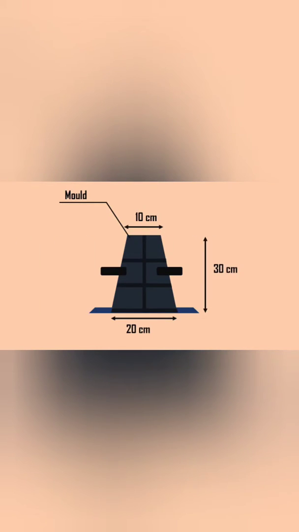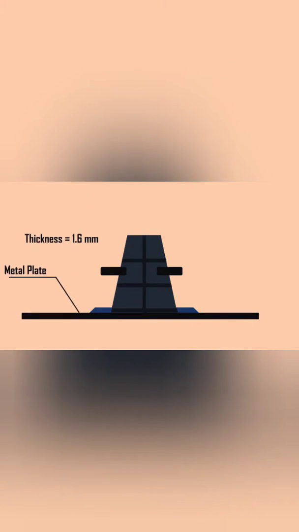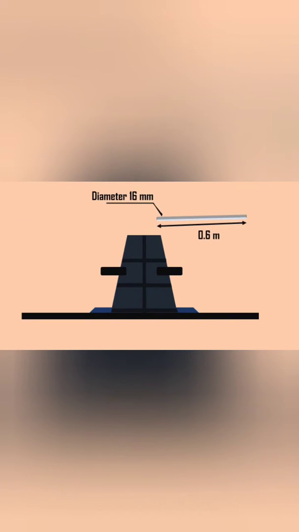Apparatus required for the slump test: the mold for the test specimen is in the form of a frustum of a cone with a bottom diameter of 20 cm, top diameter of 10 cm, and height of 30 cm. A metal plate of thickness 1.6 mm is used as a base. A tamping rod of 16 mm diameter and 0.6 meters long is used.